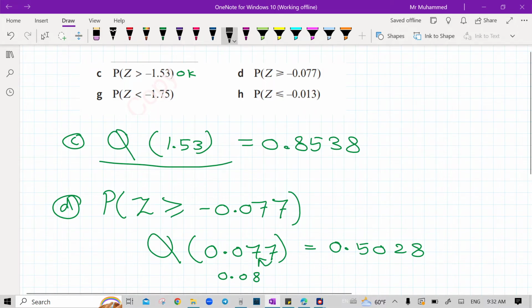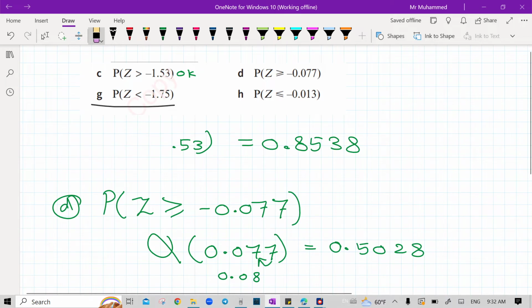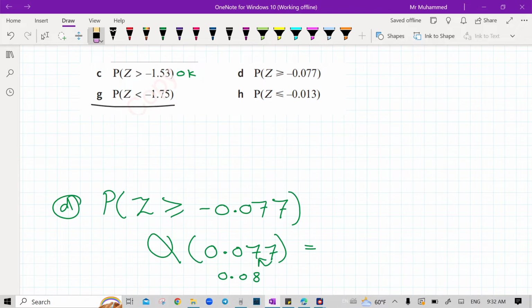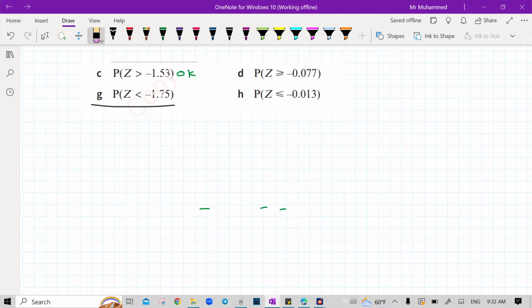Another case is when we have Z less than a negative number. Less than negative is not okay. More than positive is not okay. In both cases, we need 1 minus. We need to reverse the case. Probability of Z less than negative 1.75.